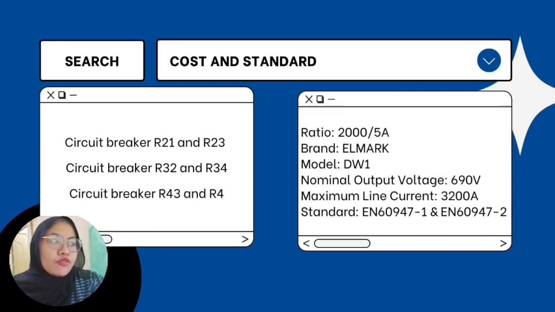The nominal output voltage for this circuit breaker is 690 volt, and the maximum line current is 3200 ampere. The standard that it uses is EN60947. And that's all for cost and standard.